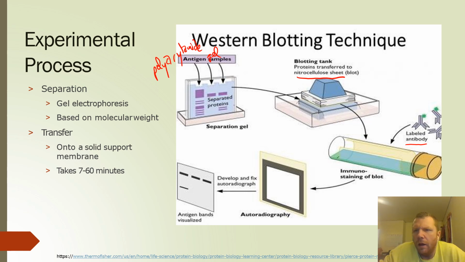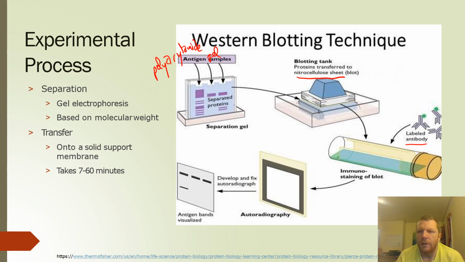Then, and this is similar to Northern blotting, you're going to incubate that membrane with a probe, then you're going to expose that membrane to an autoradiograph, and you're going to detect whether or not a protein is present.